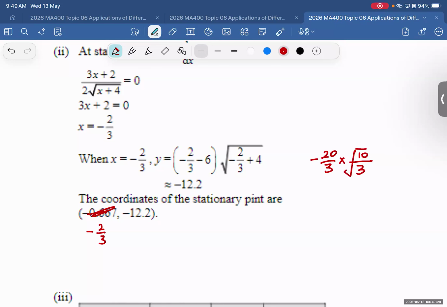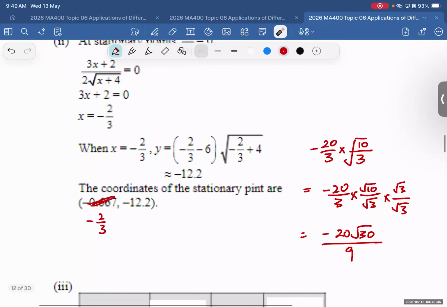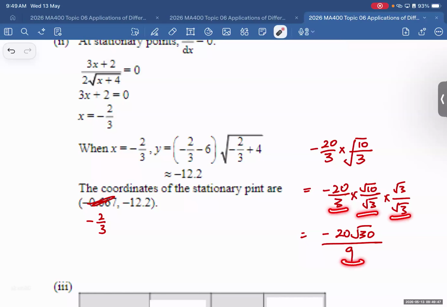Like that is better for you because the denominator is not rationalized. So maybe I suggest that you split it to square root of 10 over square root of 3. You multiply by square root 3 over square root 3. Then you write it as negative 20 square root 30 over 9, because 3 times 3 gives you 9. Okay? Those who haven't done it, you can do it together.